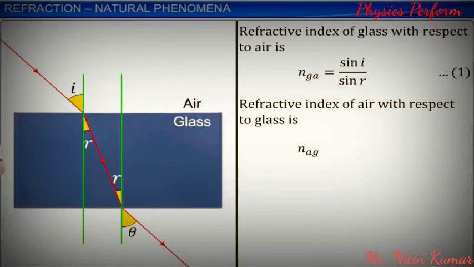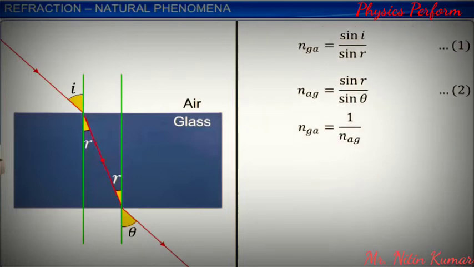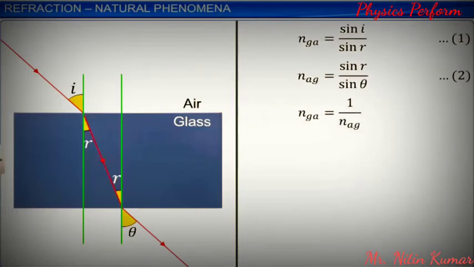But we know that NGA is equal to 1 divided by NAG. On substituting the values of NGA and NAG from equations 1 and 2, and on further simplification, we get angle I is equal to angle theta.